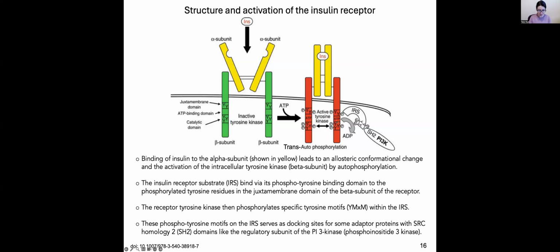And afterwards, the insulin receptor substrate called the IRS, insulin receptor substrate, can bind to the phosphorylated tyrosine on this receptor, in the juxtamembrane domain of the beta subunit of the receptor.